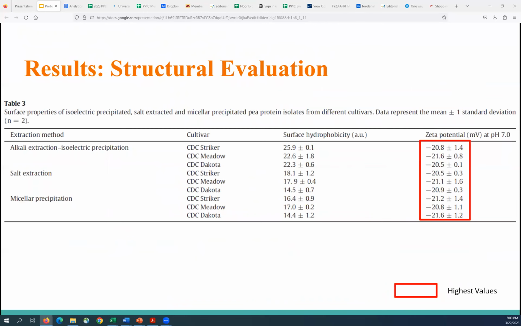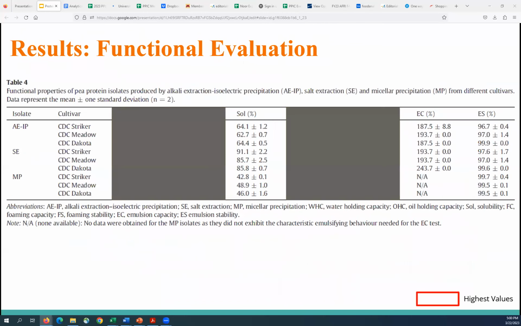The paper presented other referencing articles that did support the emulsification stability of the micellar precipitation, but their own data didn't back it up, and they didn't provide an explanation. That was definitely poorly done. Did they explain why they didn't provide statistics?